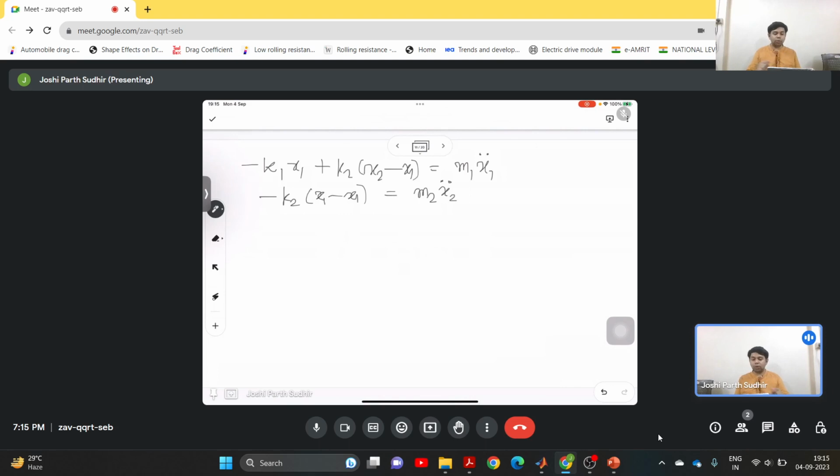Now, if we want to rewrite these equations in matrix form, let us first simplify these equations.